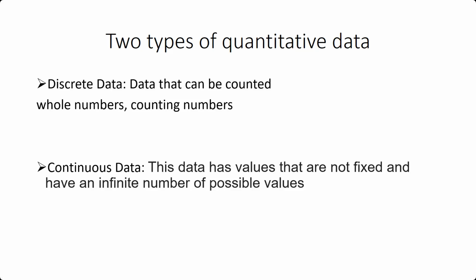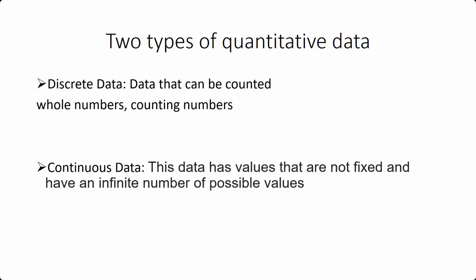Age is one that could be continuous, depending on how you're taking the data. If you ask for just the closest year, then you're making it discrete. But technically, unless it's your birthday, it's not on the whole year. So you could use decimals. You could be 19 and a half years old. You could be 19 years, 11 months. We could find fractions and decimals in there. Measuring your height, you're not just 5 foot or 6 foot, you have 5 foot, 5.5 feet.